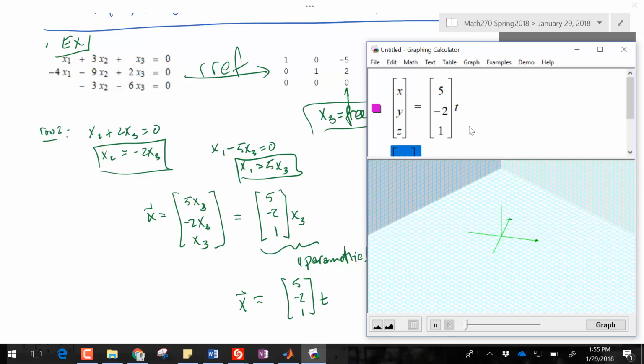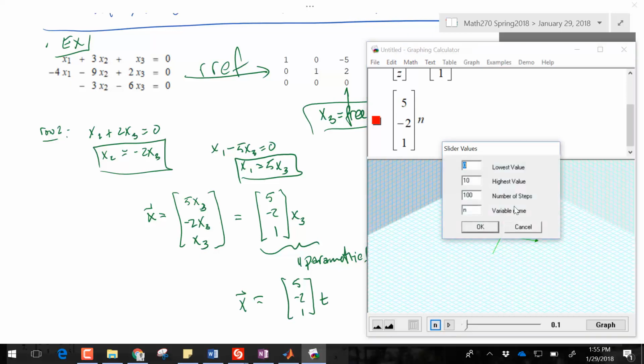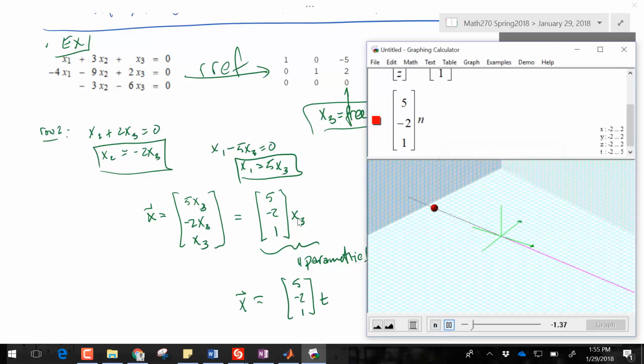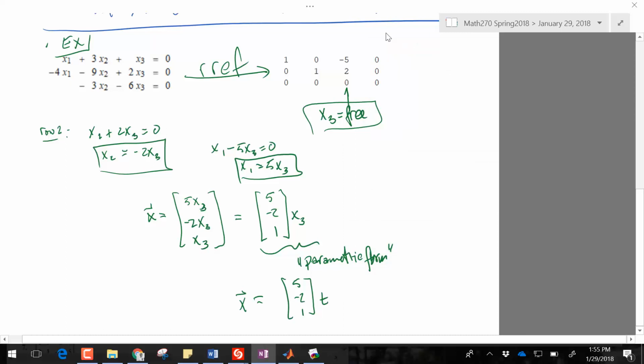So we have a vector solution, so to speak, and then we're scaling it by t. All right, so it's really just a parameter, and in that sense, you can call it an independent variable.